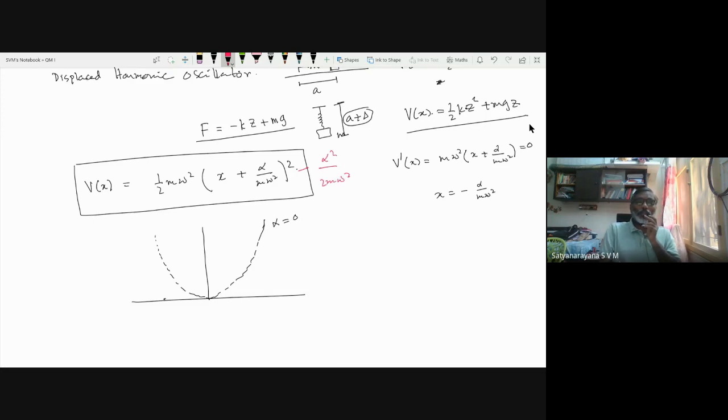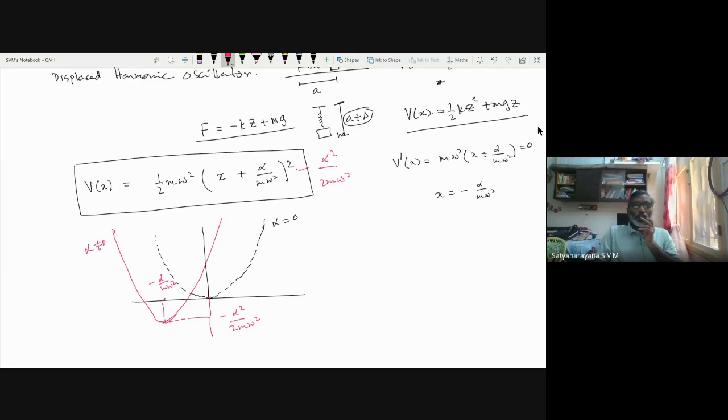So at x equal to this quantity, this value is somewhat negative like this, right? So that means this potential for alpha not equal to 0 will be something like this. So this value is minus alpha square by 2m omega square, and this value is minus alpha by m omega square.